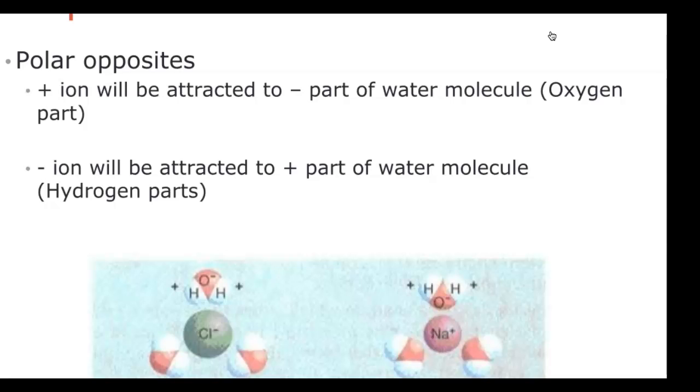So in the picture here, we show salt being dissolved into its sodium and chlorine ions. You notice that the chlorine ion, that green thing, has the hydrogen side of the water molecule attracted to it, because the hydrogen side doesn't have the electrons around it as often, and the chlorine ion has the extra electron with it.